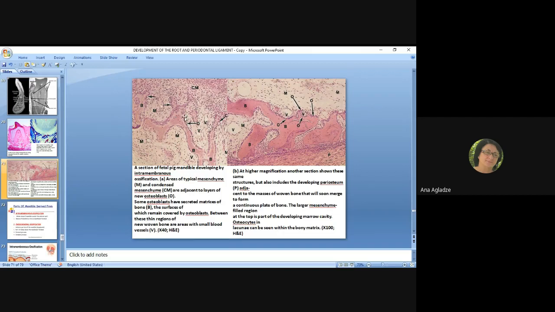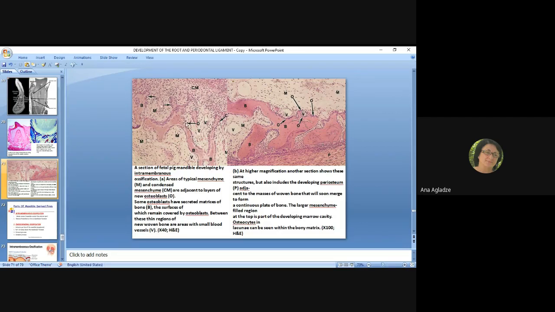You can see areas of condensed mesenchyme here and here, adjacent to layers of new osteoblasts. These osteoblasts lie on the surface of the osteoid, and some osteoblasts have secreted the matrices of bone, the surface of which remains covered by osteoblasts.